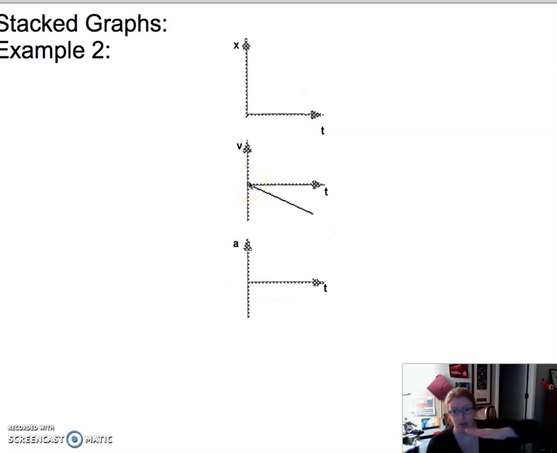So a velocity of 0 means a flat line in the position time graph. So I'd start out with a little bit of a flat line. Then we have a negative velocity. That means a downwards slope.